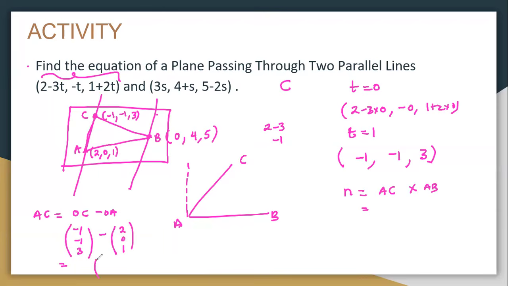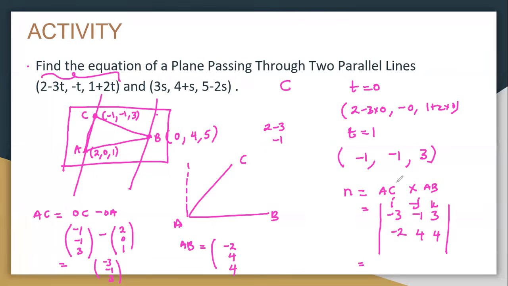So here my answer is (-3, -1, 2). Our AB, we had obtained already as (-2, 4, 4). So when you get the cross product of those two, I'll have (-3, -1, 2) and (-2, 4, 4), with i, negative j, and k.